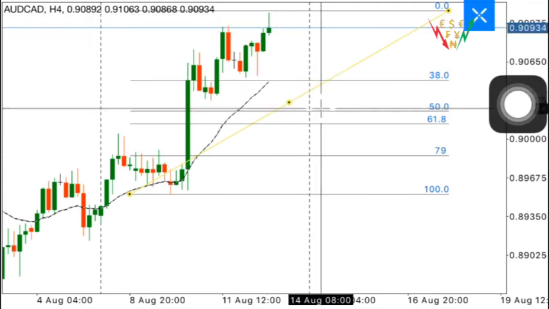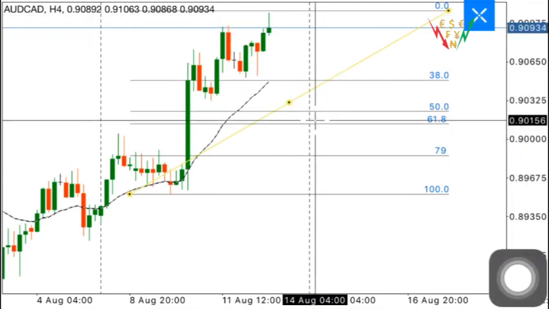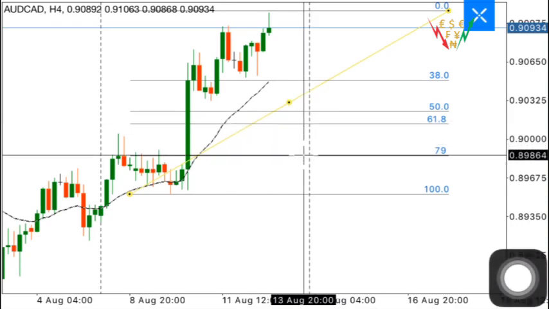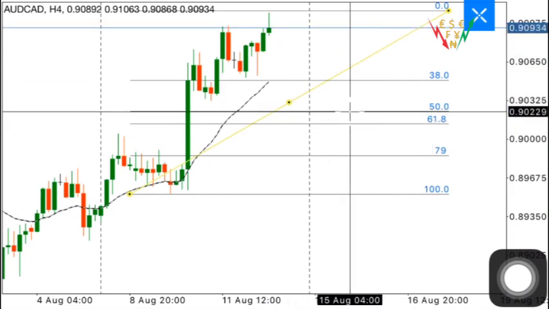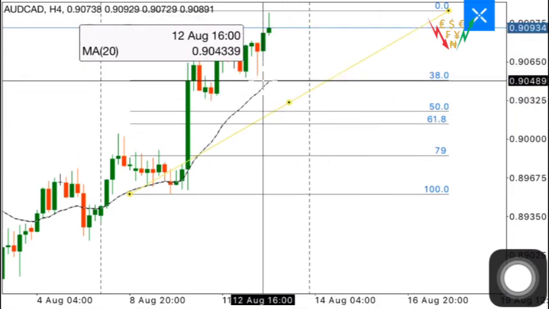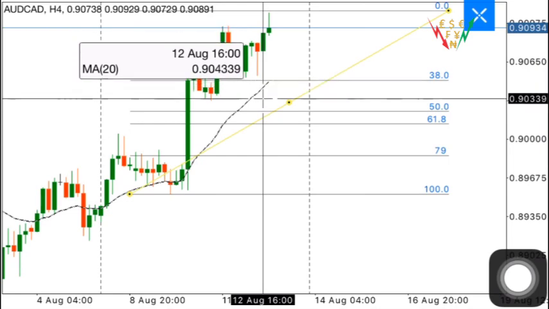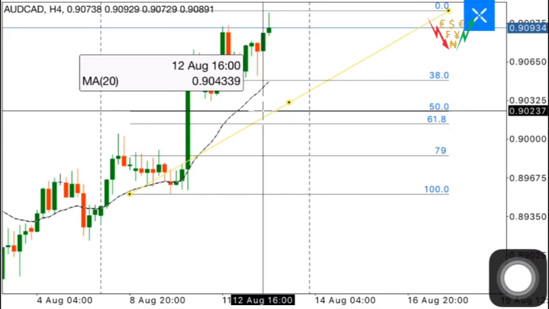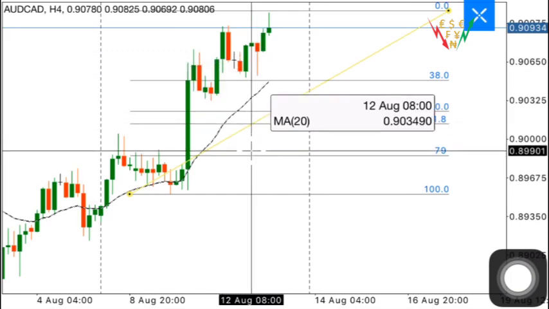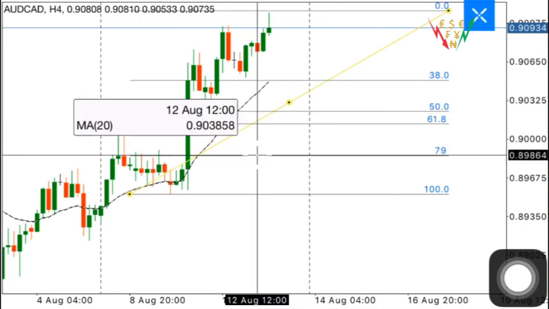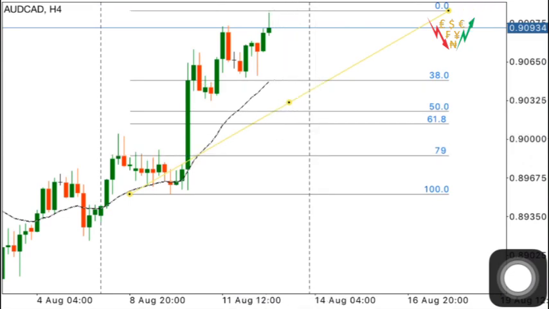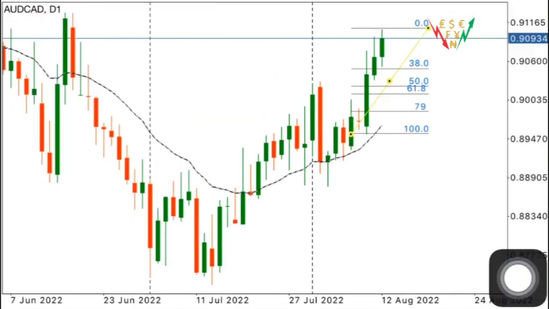I want to see price come at least to the 61.8, and if we look at the 61.8 level or the 79.8 level, we'll be seeing some significant prices close to the 90, right? Somewhere around here won't be bad. If we see price come down to the 50 level, 61 level, or the 79, some kind of pin bar, a reaction around these levels, would give me an entry to actually go bullish. However, let's see the price levels around here.